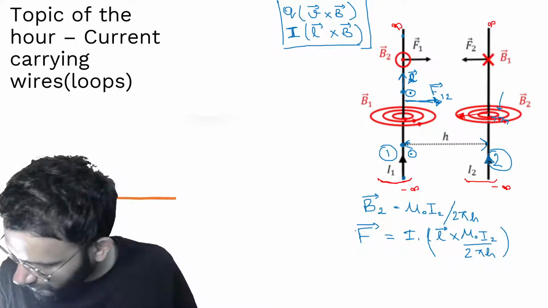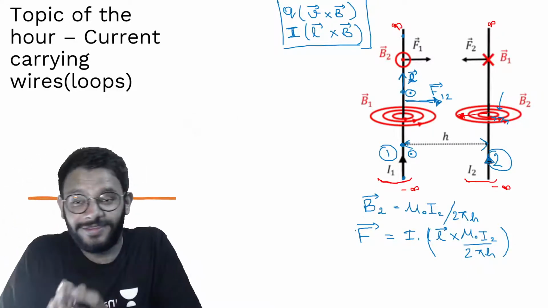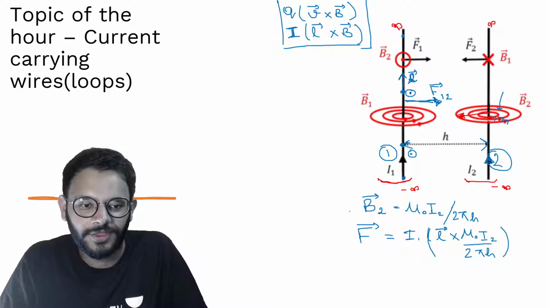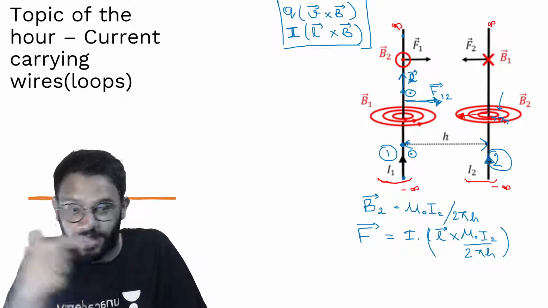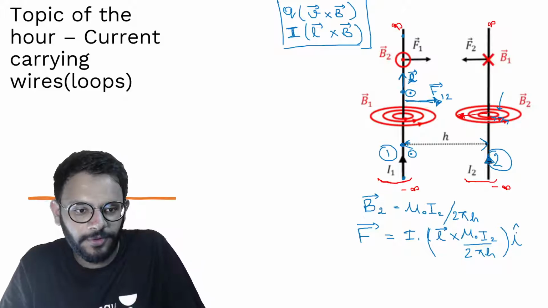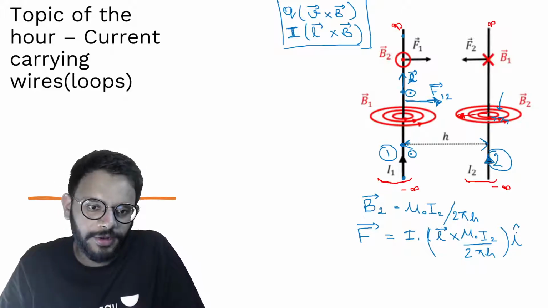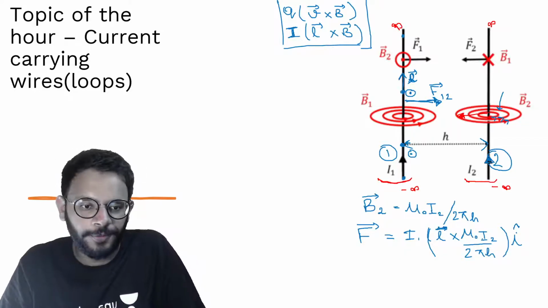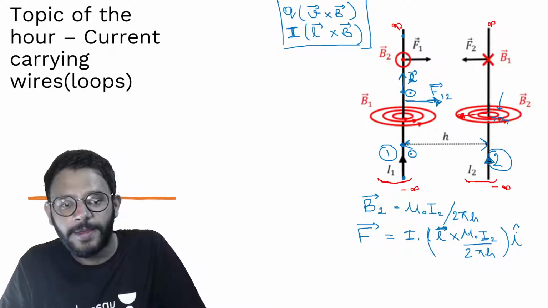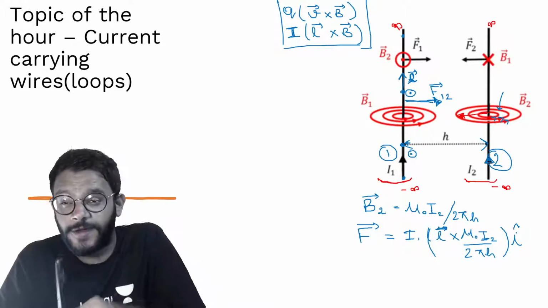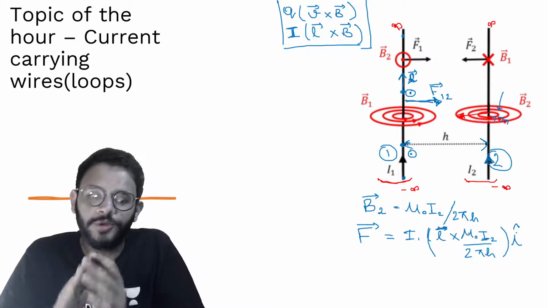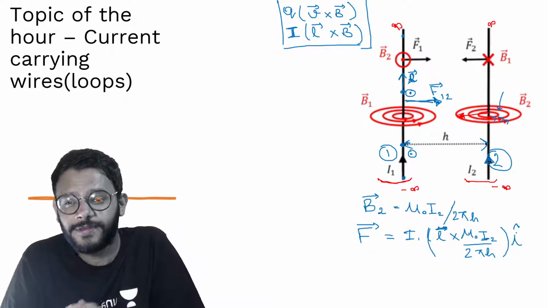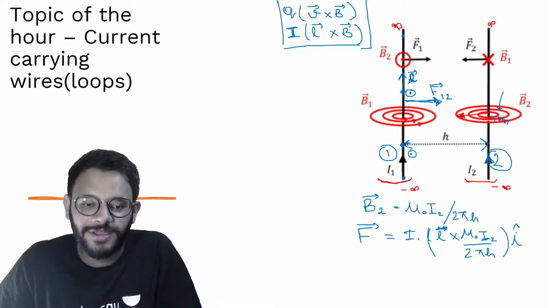So making my task even easier now, I know that the direction is going to be towards my right, so I'm going to just simply write down I cap over here and remove the vector. So I know that this is the force acting because of wire 2 on wire 1, which is given by I1 L mu naught I2 upon 2 pi h, and it's in the I cap direction.